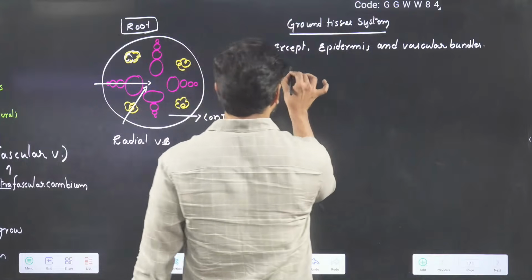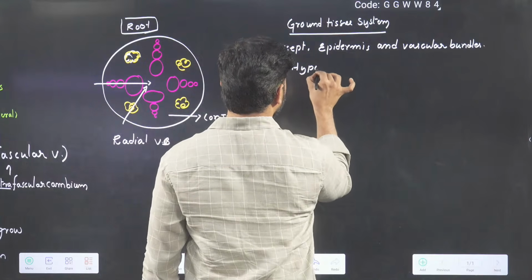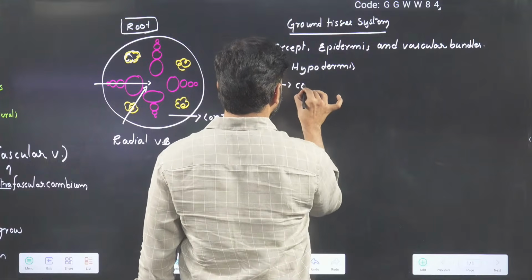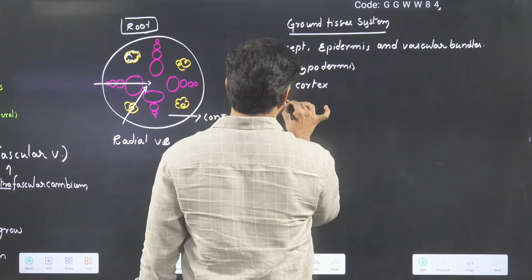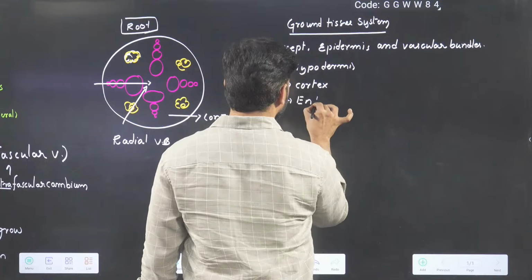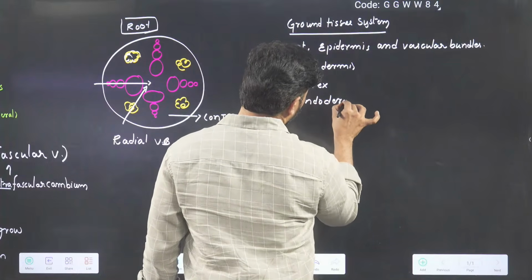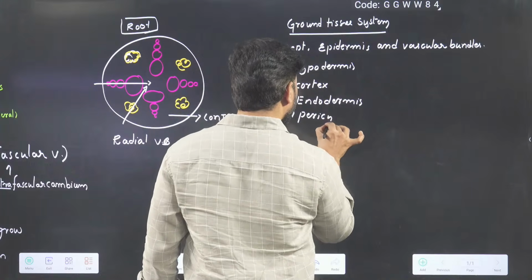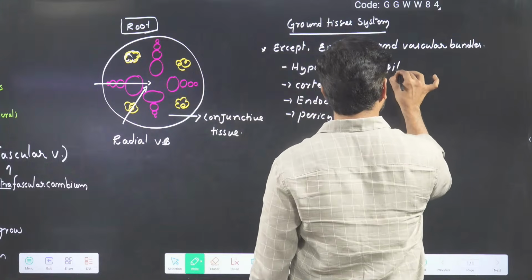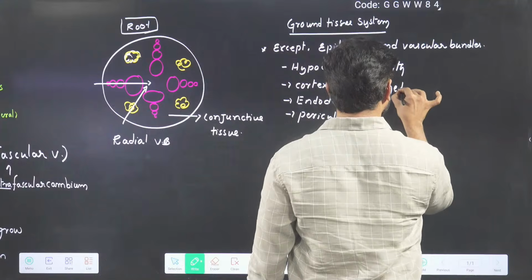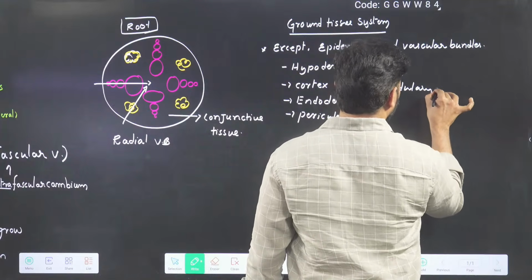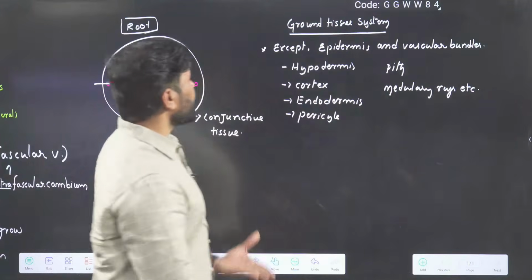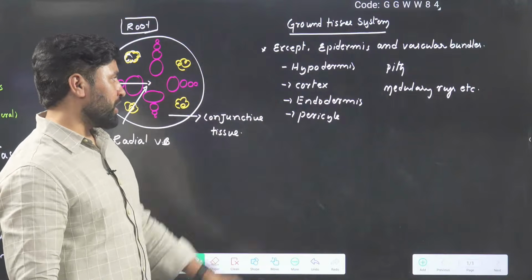In that, what you get? Hypodermis, cortex, endodermis, pericycle, pith, medullary rays, etc. All of them are having ground tissue organization.